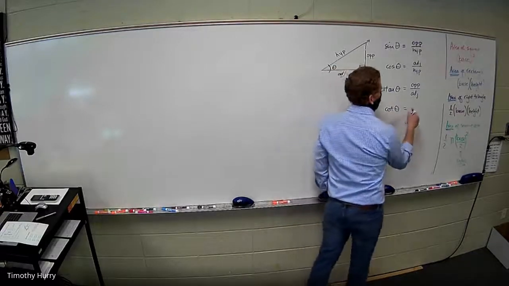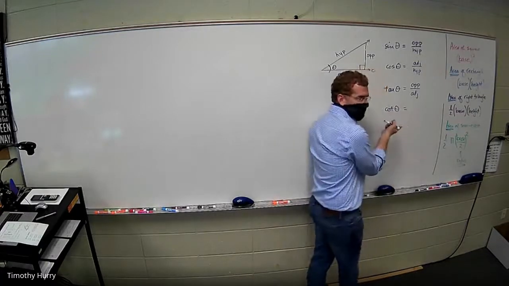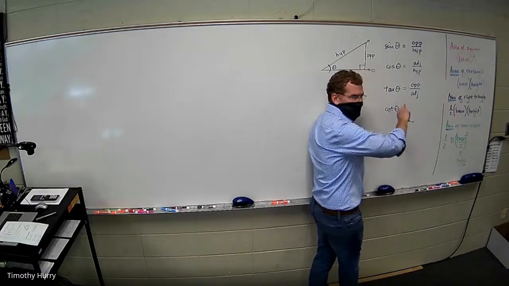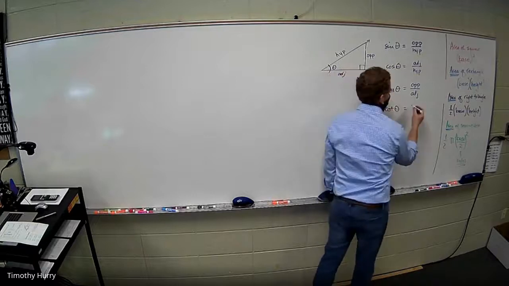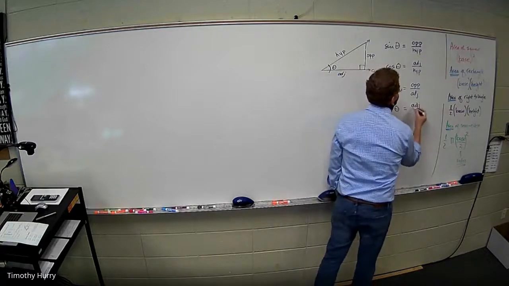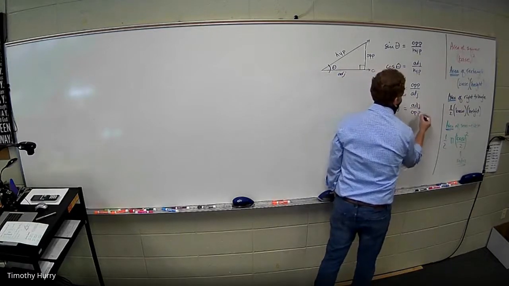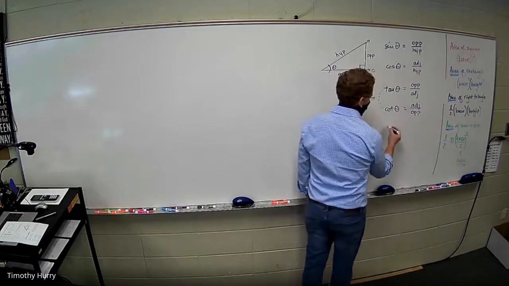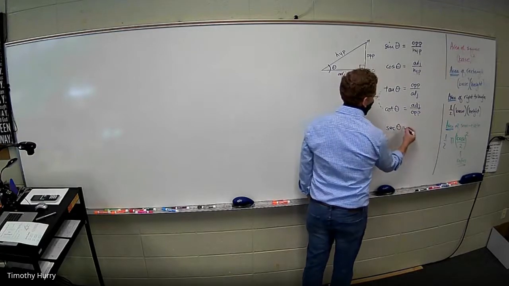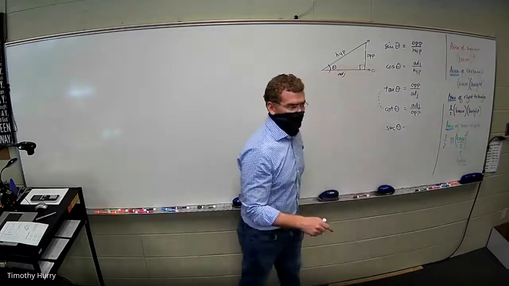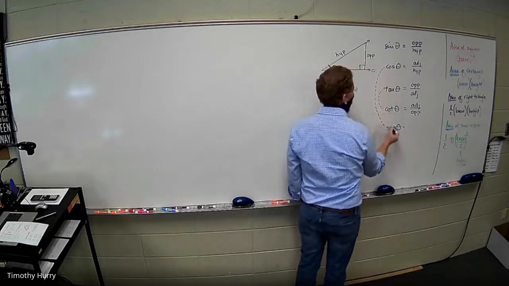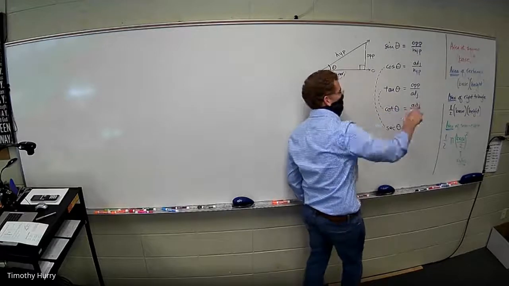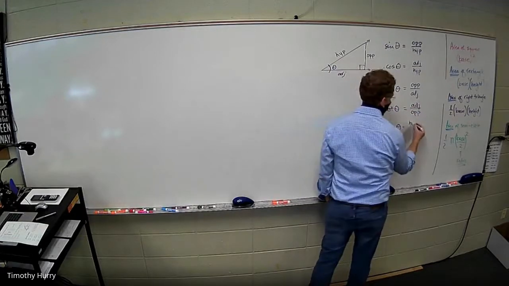The cotangent of theta happens to be the reciprocal of the tangent. So it's tangent's reciprocal. So I'm going to kind of connect those in this way. And then there is the secant of theta. The secant of theta just happens to be the reciprocal of the cosine.